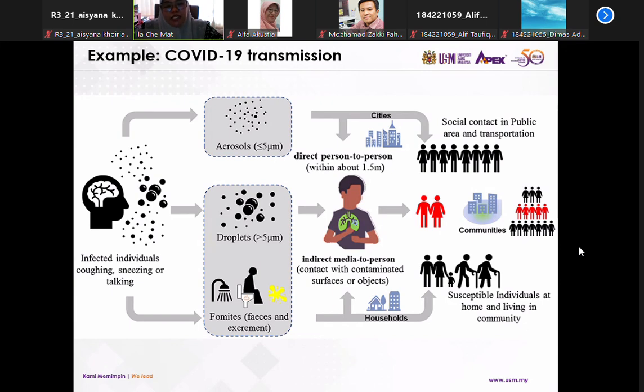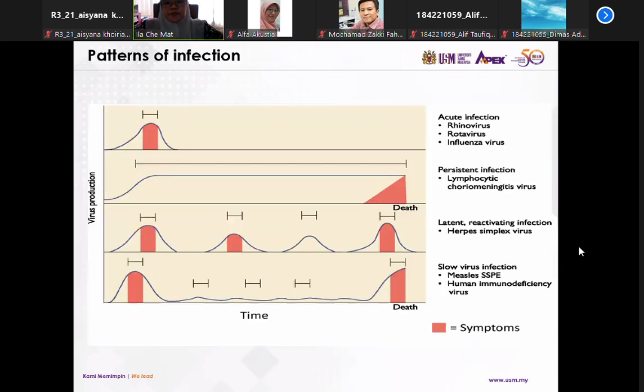Indirect is probably because of the droplets of sneezing or coughing. Those droplets will fall on any surfaces or objects, and then an individual contacts that surface or object. So that's how they carry the virus. Then it can spread to the community and also through social contact, even in the house or in the office area. So that's the spread.